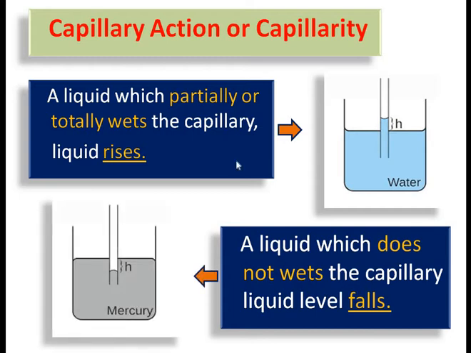There is an example of mercury, which is a metal but is in liquid form. When mercury is taken in the beaker and the capillary is dipped in the mercury, we can see the mercury level falls inside the capillary below the horizontal level in the beaker. This is the capillary action.